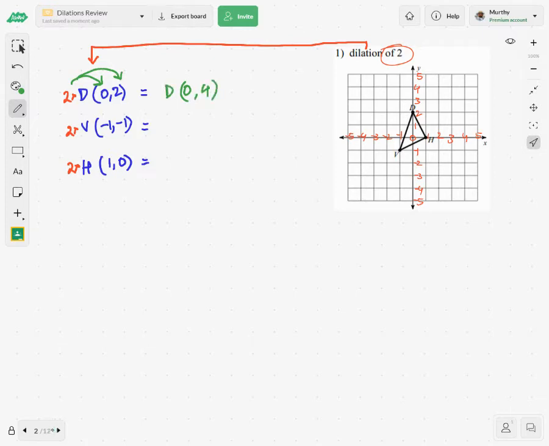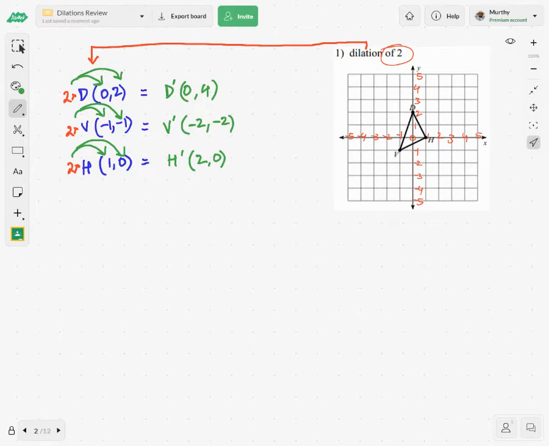This is D prime. Next, my V prime values are 2 times -1, -2, and 2 times -1, that is also -2. Now H prime values, 2 times 1 is 2, and 2 times 0 is 0.